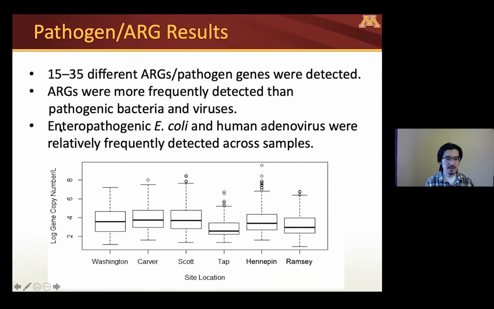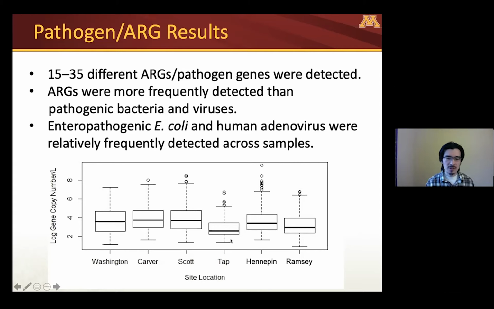This figure shows the average concentrations of genes detected across 5 different sites, as well as the tap water control. All sites have similar gene concentration, even the tap water control.